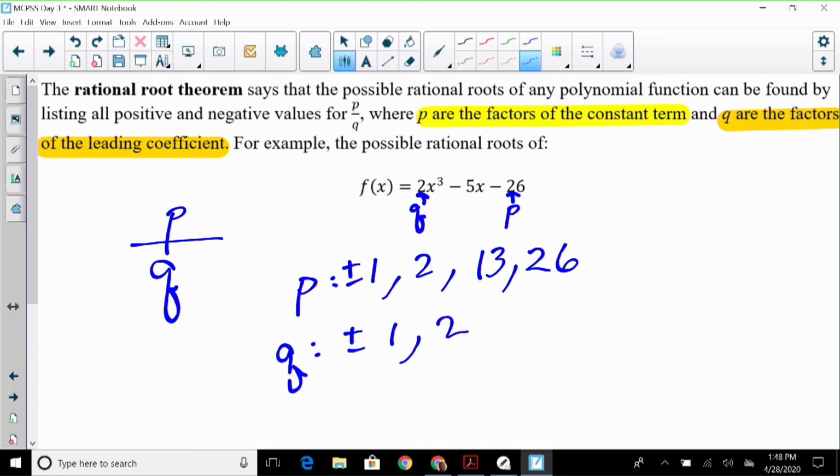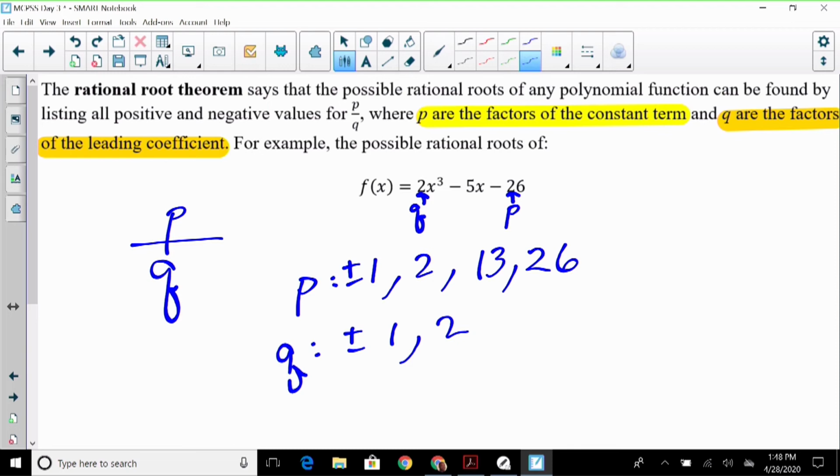Once again, the leading term is q. The factors of q, 1 times 2, positive or negative. The factors of p, the last term, constant term, 1 times 26, 2 times 13 gives us 26, positive and negative all the way across.